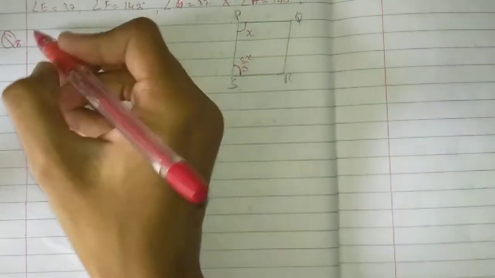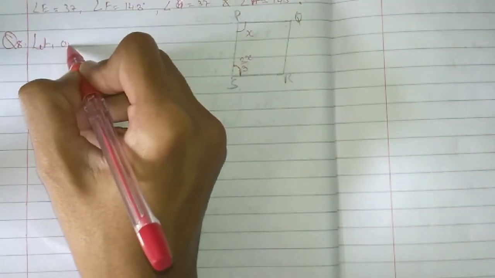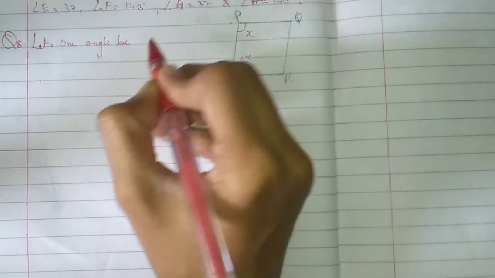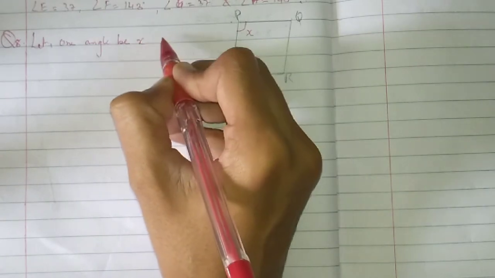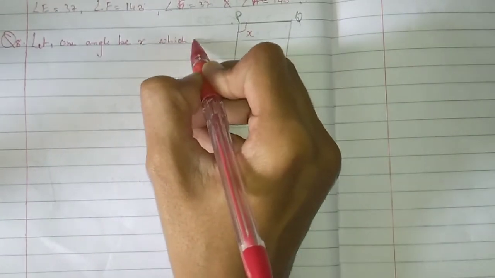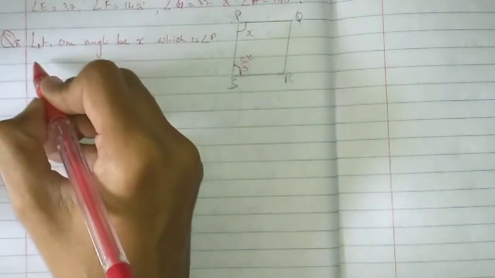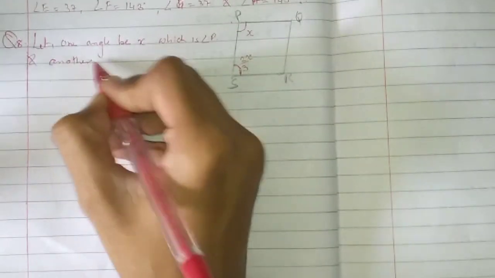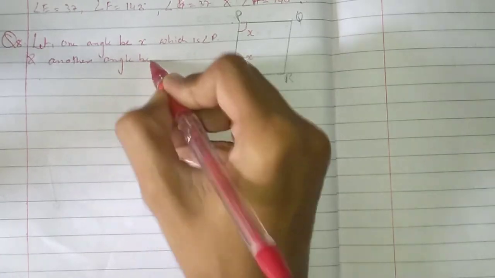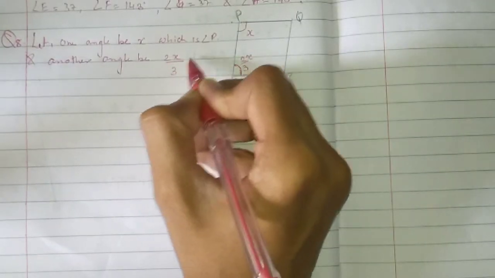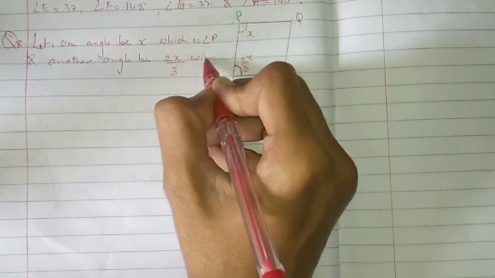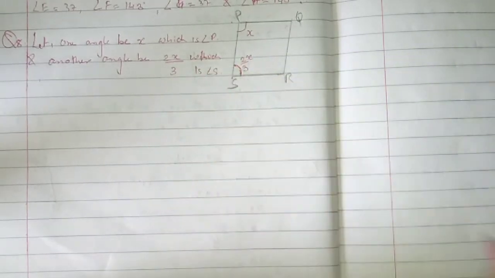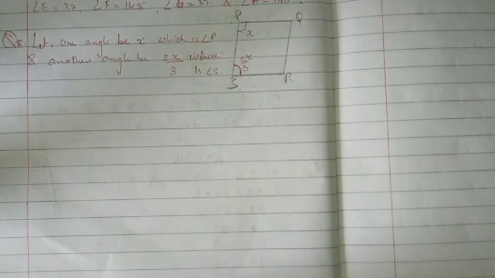So let one angle be X, which is angle P, and another angle be 2x upon 3, which is angle S. Okay.